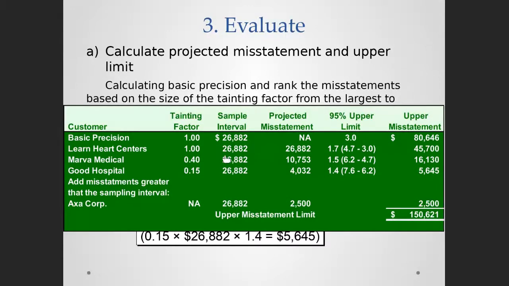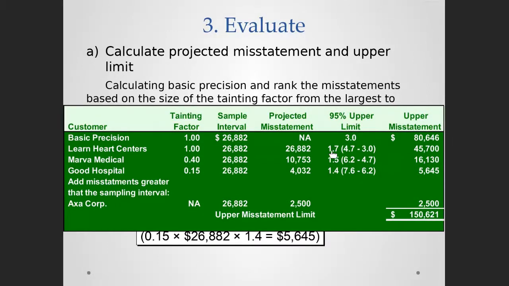So 1, which is 100%, times the sampling interval 26,882 equals 26,882. And we are going to multiply that with this misstatement factor, which is 1.7, which is for the first error.